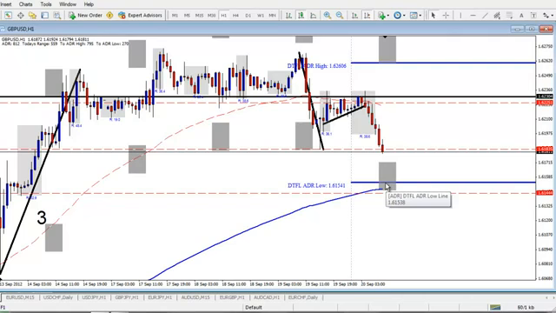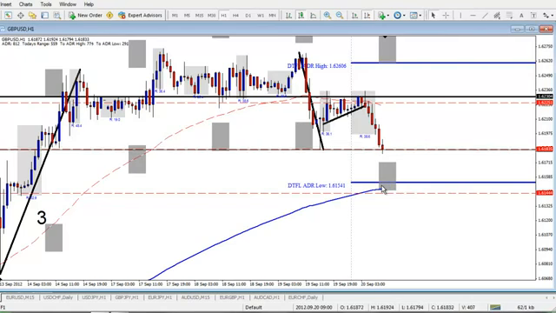Because that would be the level where I'd be looking for them to create the stop run, I don't even really want to get into that level. Because of that, I want to get out ahead of it, and for me, 3 to 1 gets me out well ahead of that position.